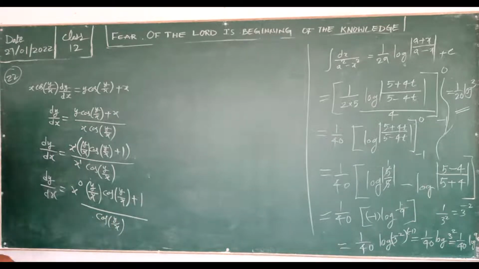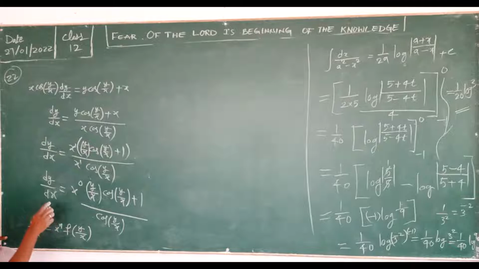So have you remembered this? If you have not remembered, remember this one here. If anything is in the form dy upon dx is equal to x to the power of n f of y upon x, then it is in the form of a homogeneous equation.